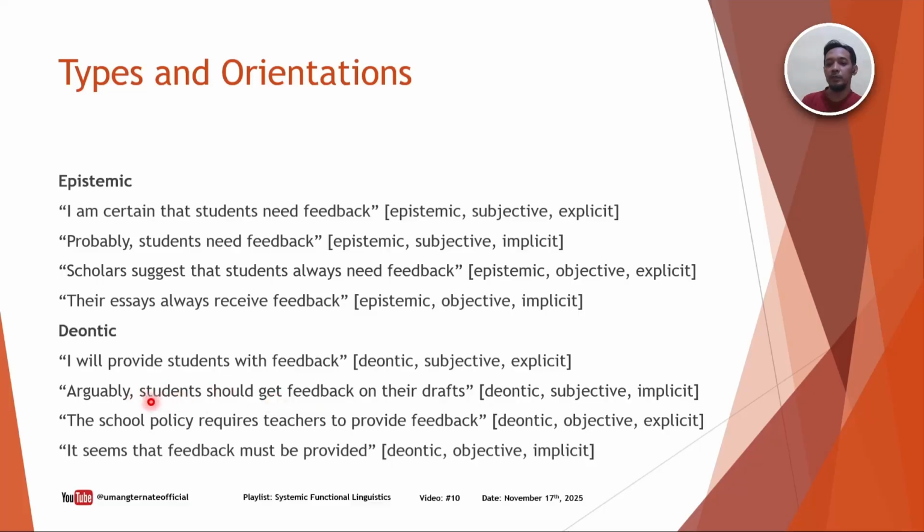It doesn't mention "I think students should get feedback" like that, but arguably using this comment adjunct to express the implicit modality. So the source of modality, whose confidence it is, who believes that students should get feedback on their draft, is not clearly mentioned or stated in the clause.